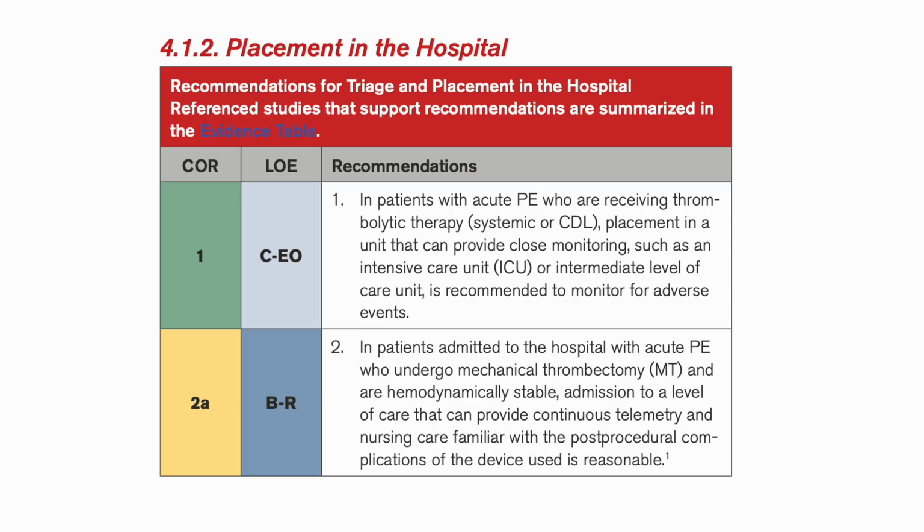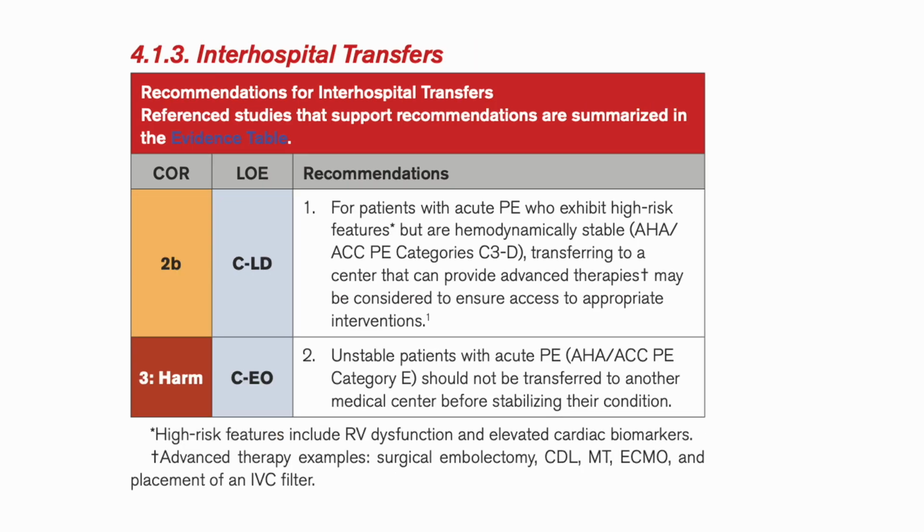So if the patient is in a cath lab or if the patient is in a cardiac HDU, that may be a setting if your patient is hemodynamically stable. But if your patient is in a higher grade, obviously will require an intensive care unit.